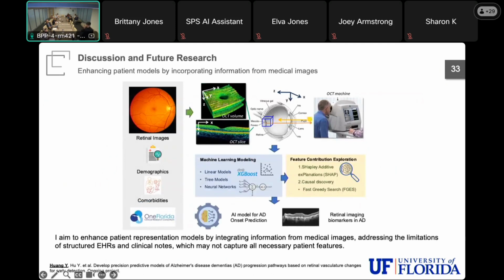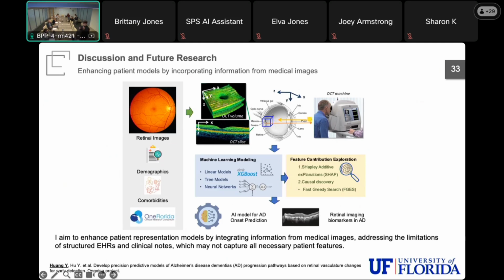Besides, using different sources of data is often useful to improve the understanding of the patient. In a working study, I use machine learning techniques to identify biomarkers from retinal images and use this information to predict the onset of Alzheimer's disease.